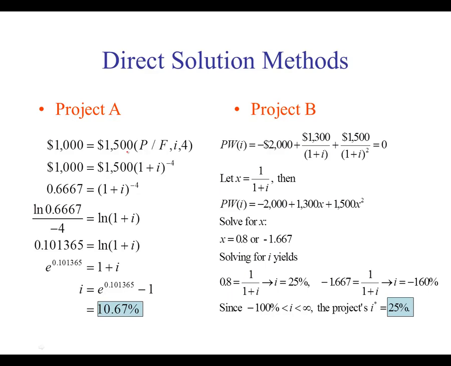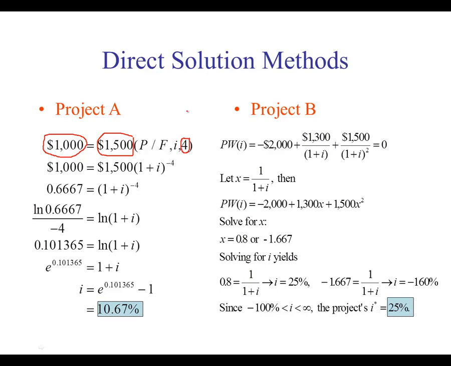In project A, P, the principal, is equal to 1000. The future value is equal to 1500, and the number of periods is equal to 4.